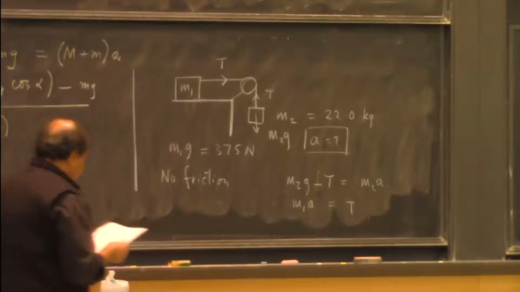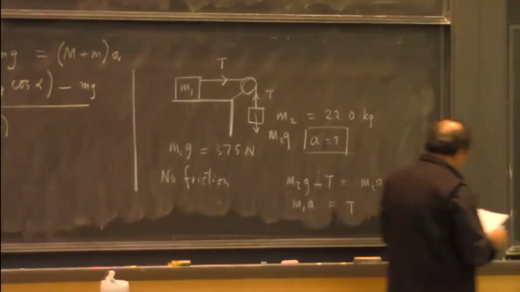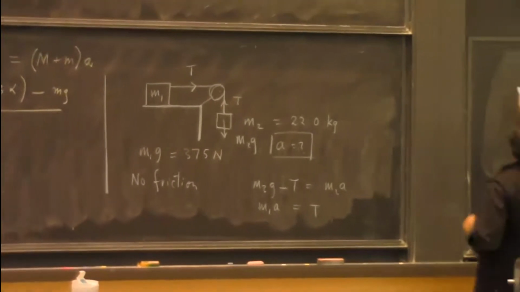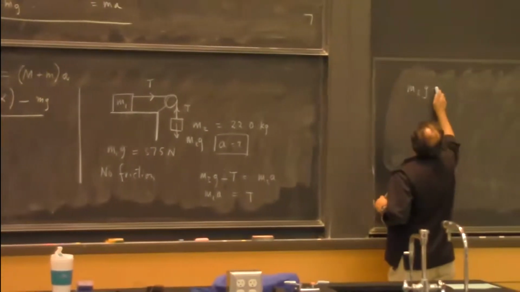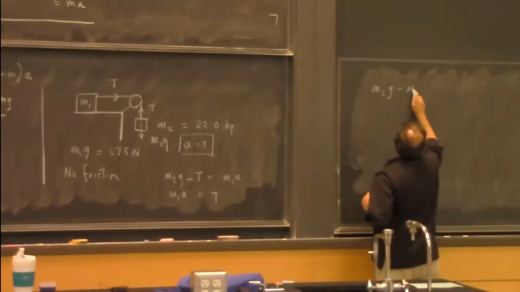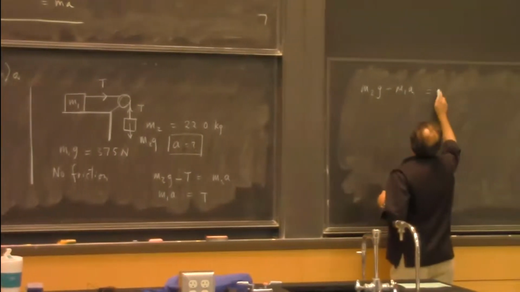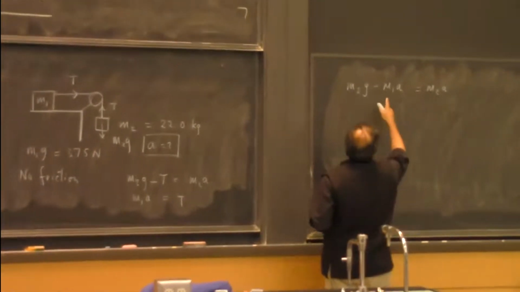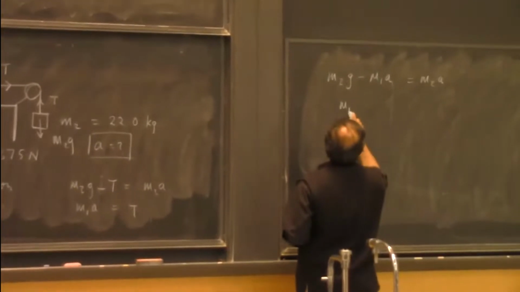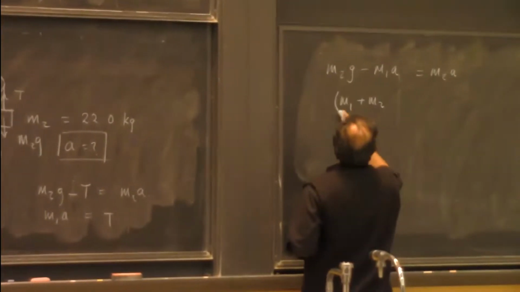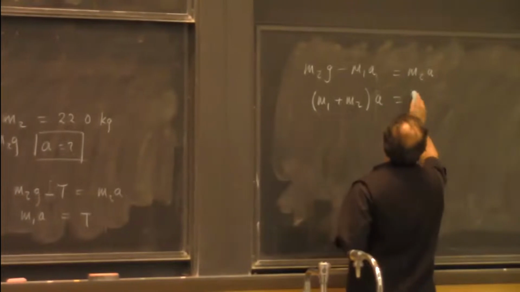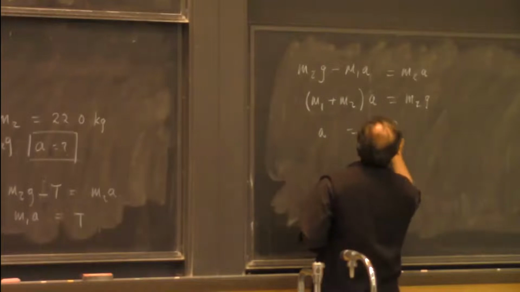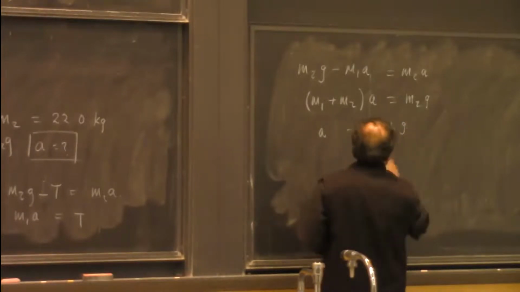I should be able to solve this problem quite trivially, because I can simply write m2g minus m1a is equal to m2a, right? So I should be able to write if I take it to the other side, I can write m1 plus m2 times a is m2g, which means a is m2g over m1 plus m2.